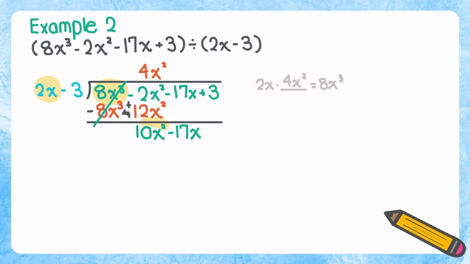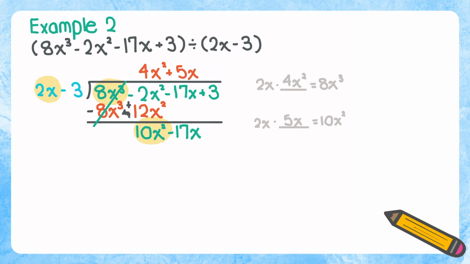And again, we focus on the first term, so 10x squared. So 2x times what would equal 10x squared? We get 5x. So let me write it up here, positive 5x.